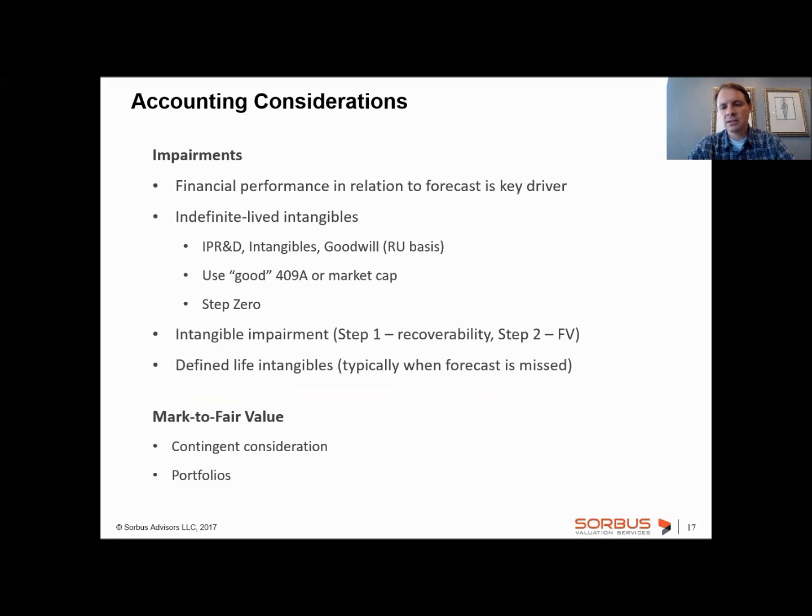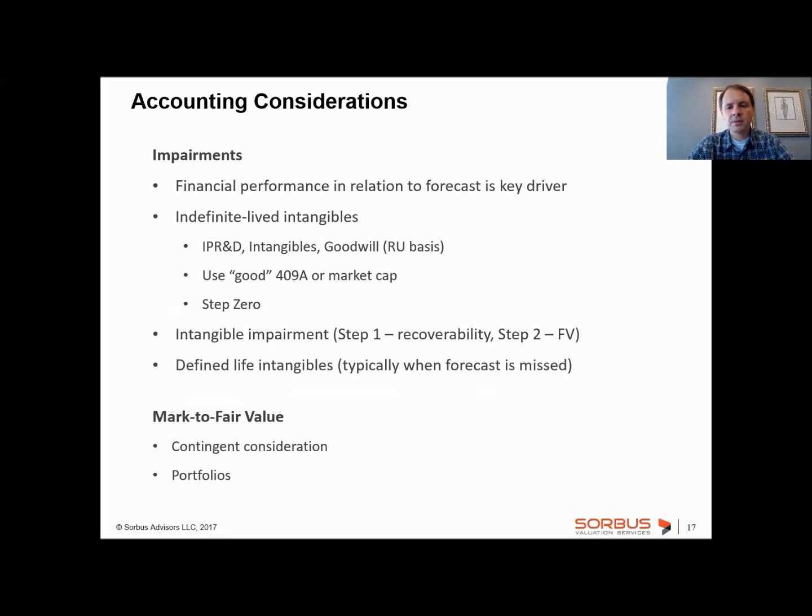Now, it may sound a little self-serving, but we observe time and time again that instead of wondering whether step 0 would pass, it may be a lot faster and cheaper to just run through the small calculation for step 1. That small calculation would immediately show in quantitative terms to your auditors, or whoever is reviewing this work, that there was no impairment.